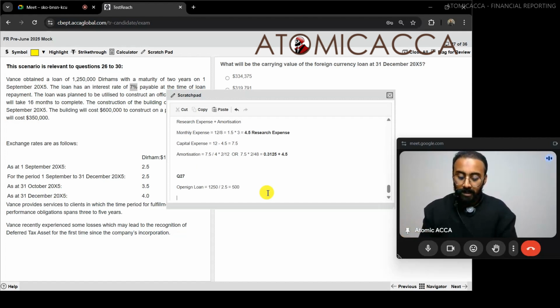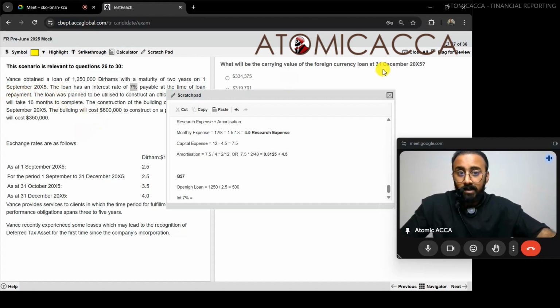Now what will be the interest on this? Interest will be 7%. So from the dirham side, it will be 1250 multiplied by 7%. Is it for the entire year? No, no, no. I'm obtaining the loan on 1st September X5 and year ending is 31st December X5.